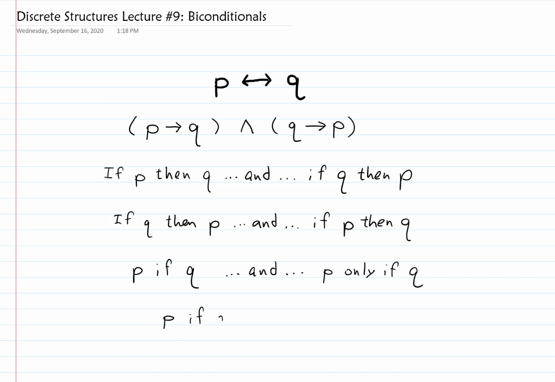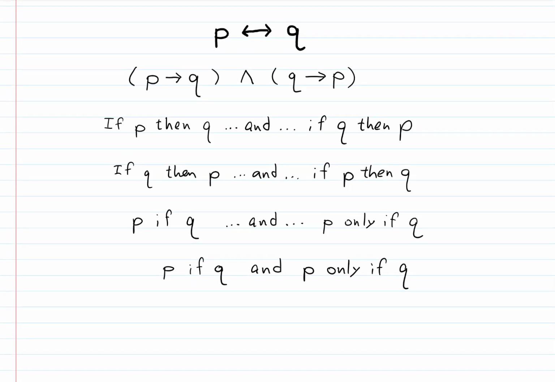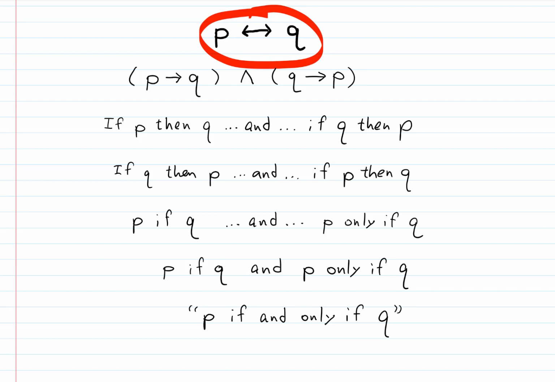P if Q and P only if Q. Let's condense that a little bit more, and we can write P if and only if Q. And there you go. That's what you should say when you see this. You should say P if and only if Q.